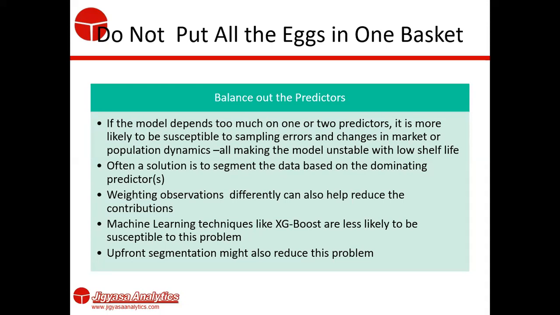They can help you reduce the contribution of different predictors. And machine learning techniques like XGBoost are less likely to be susceptible to this problem. And the upfront segmentation I talked about just before this point might also reduce this problem significantly.